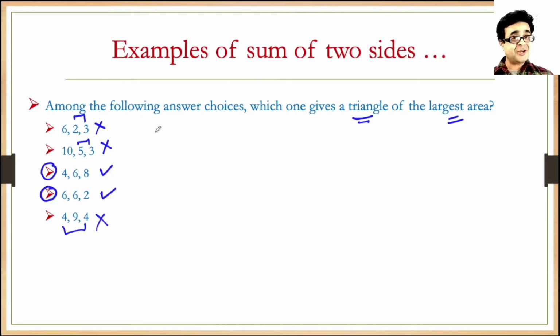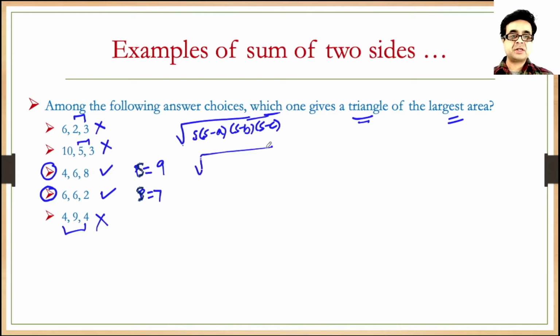Now, remember Heron's formula? You can go back and actually check it. Heron's formula says that my area is equal to the root of, it's a long formula, but we can apply it very, very quickly. S is half of the perimeter. For 4, 6, 8, the perimeter gives S as 9, so Heron's formula looks like 9 multiplied by 9 minus 4, which is 5, multiplied by 9 minus 6, which is 3, multiplied by 9 minus 8, which is 1.